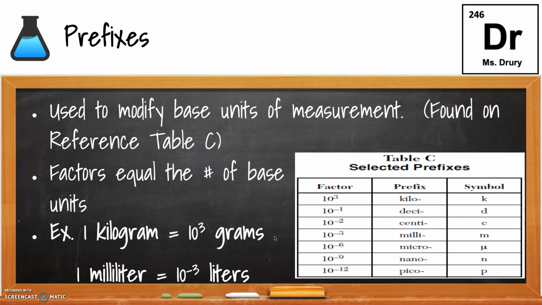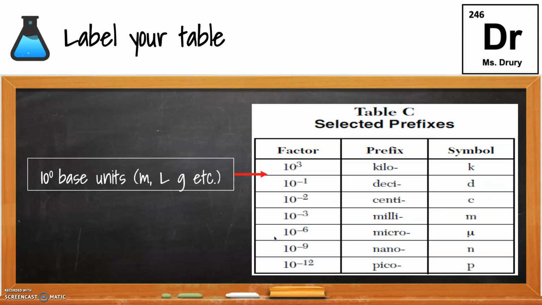The way I actually look at it is I add in the 10 to the 0 mark, if you want to label your table, and say that 10 to the 0 is your base unit, when you just have 1 meter, 1 liter, 1 gram, or 1 of anything else on table D. And then I say, how many marks would I move from the 10 to the 0 mark to get to deci? Well, I'd move minus 1 place. If I wanted to get to centi, minus 2 places.